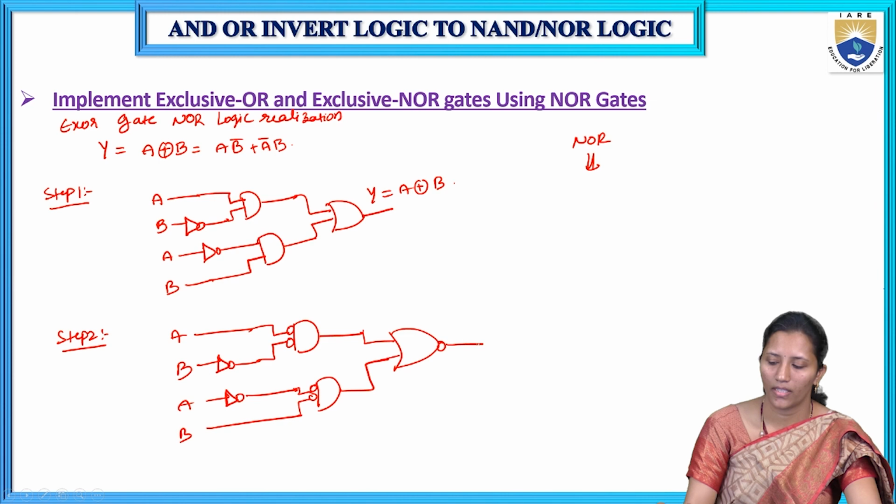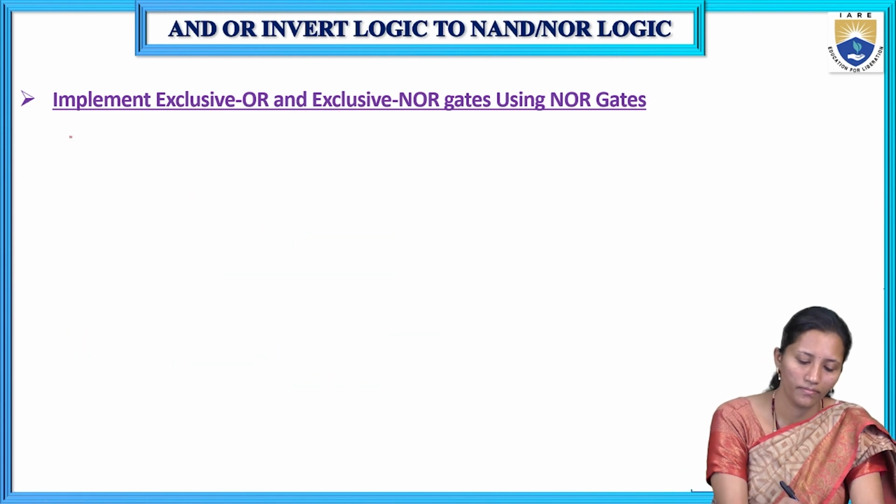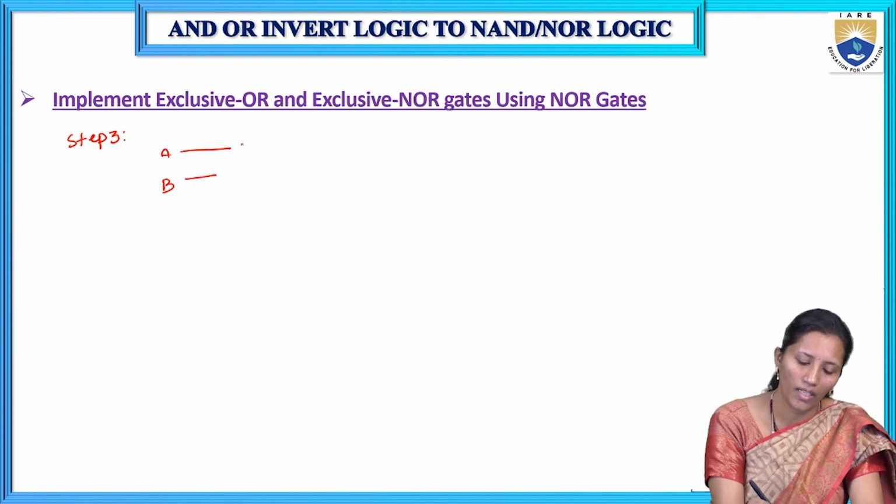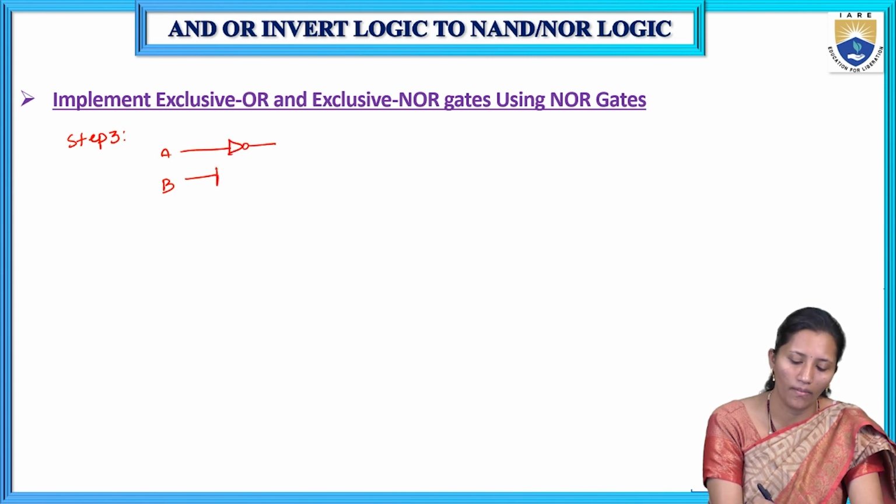Okay, in step 3, here we added bubbles at the input side. In each line, if we add a bubble in that line, we have to add one inverter.